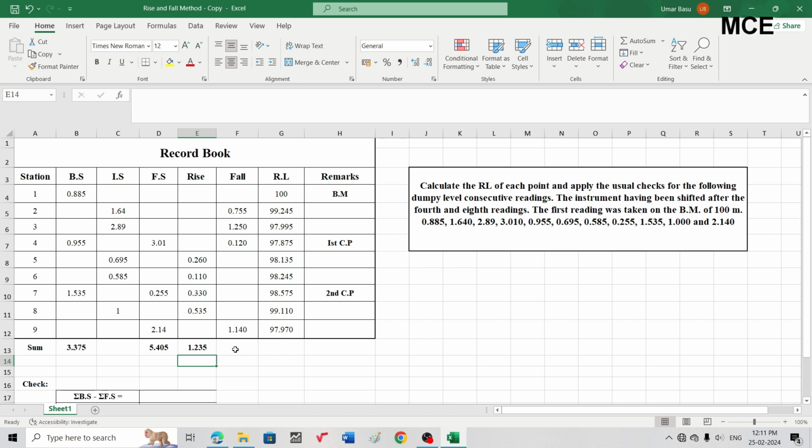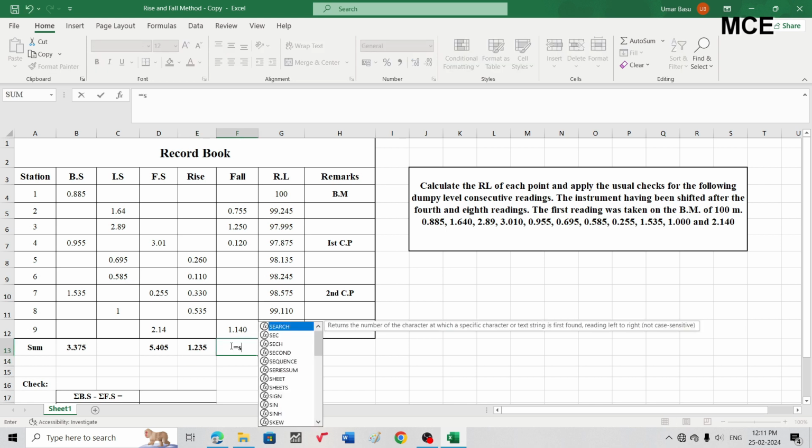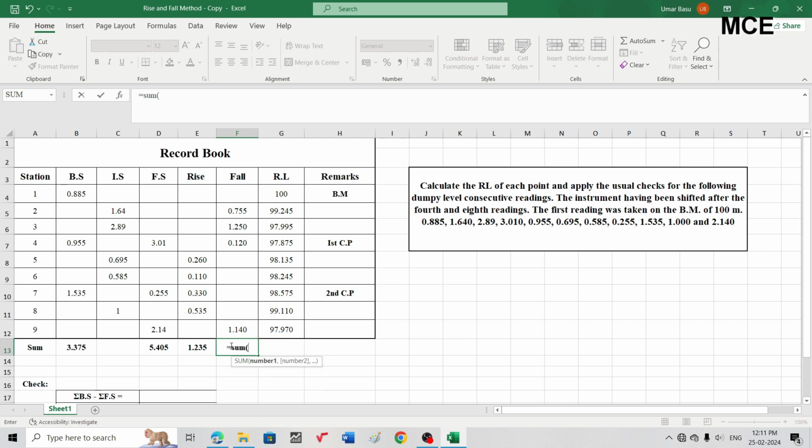Then take the summation of fall, write equal sign, then SUM, write bracket and take the summation of these fall, and close the bracket and press enter, and you will get the summation of fall readings.